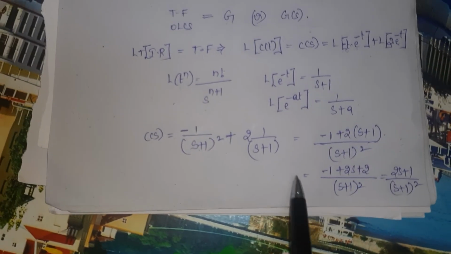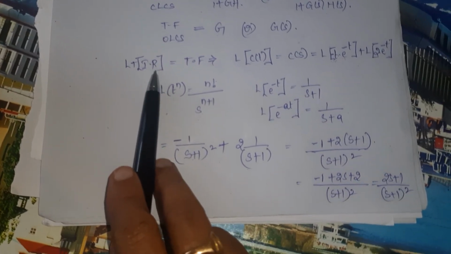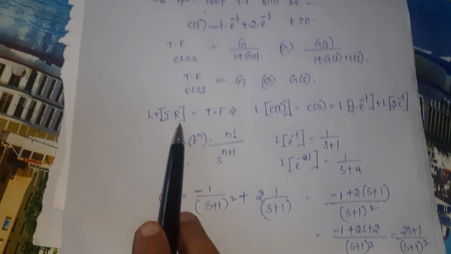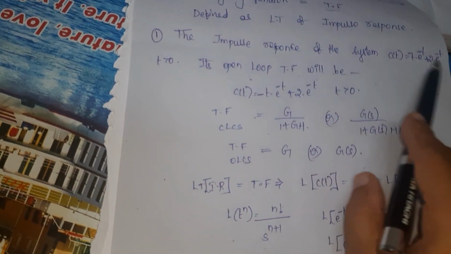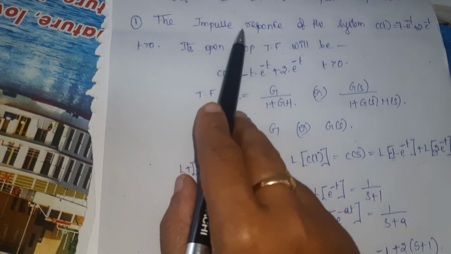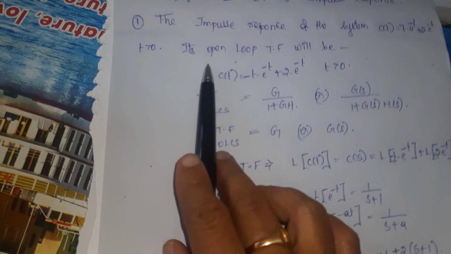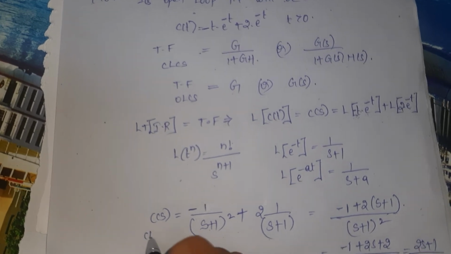So what we did is just the Laplace transform of the impulse response. This is applicable for only closed loop, because the impulse response of a system is nothing but the closed loop system; blindly we have to consider that. But what he has asked is open loop transfer function, and we got the closed loop transfer function.